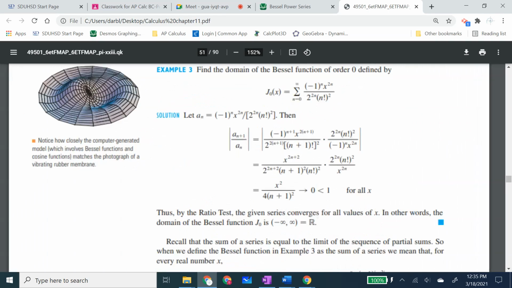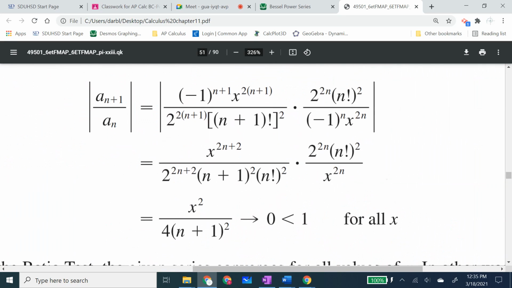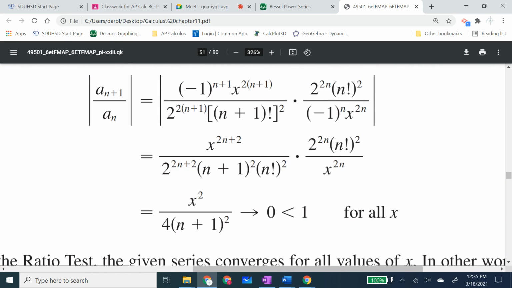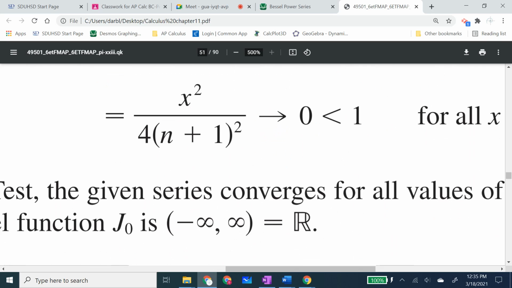So here's where the textbook does the Bessel function. And what you want to see is what happens after you simplify. There are absolute values around that, by the way, but do you see that we don't actually need them? This is what it will simplify to if you go through the work of it.